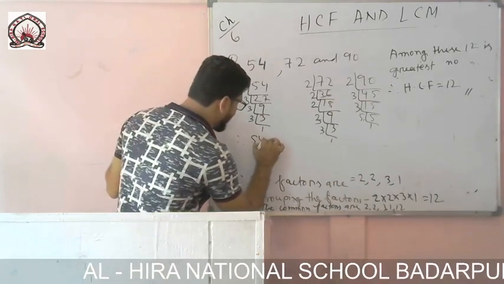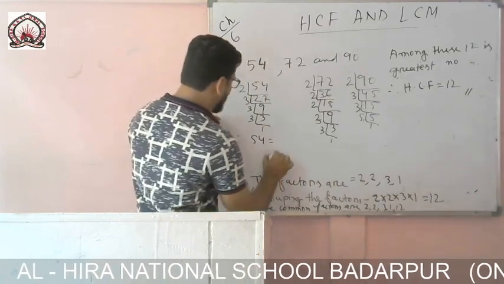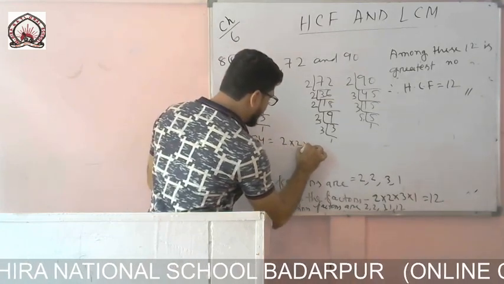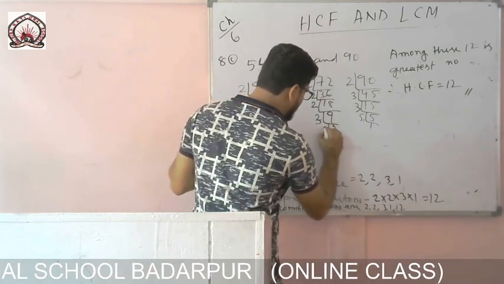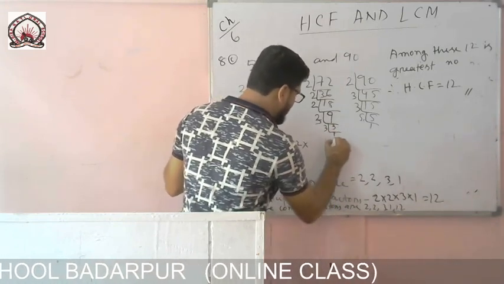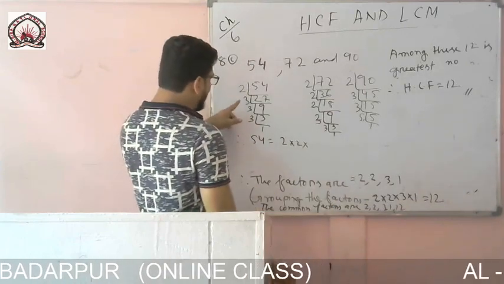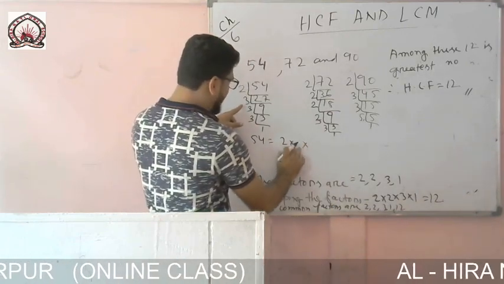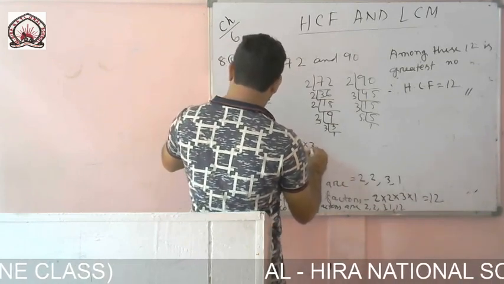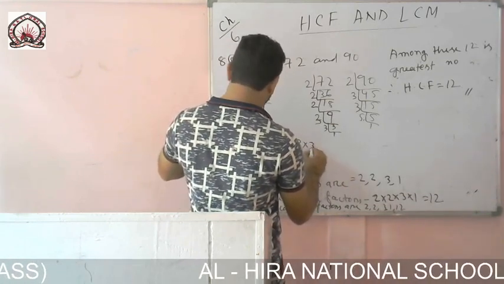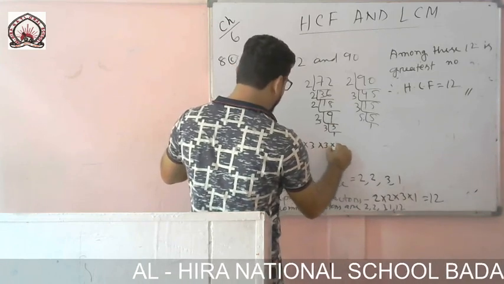Therefore 54 equals 2 into 3 into 3 into 3 into 1.